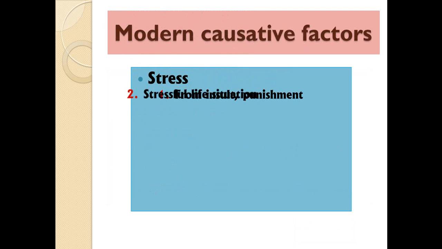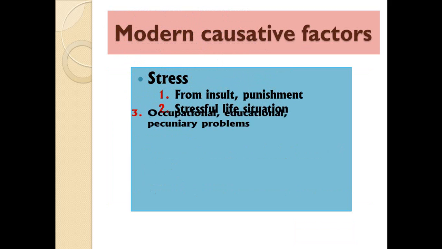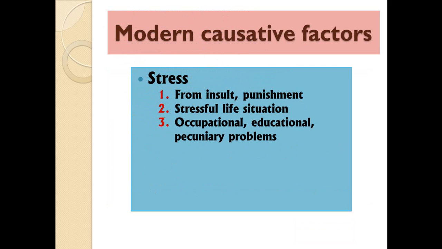Then let us see about those causes. Modern causative factors. Stress is the commonest cause today in the time we are living. Freud had said that anxiety is the cost that mankind has paid for civilization. When we were all uncivilized, we were not even putting leaves on private parts and roaming around here and there.